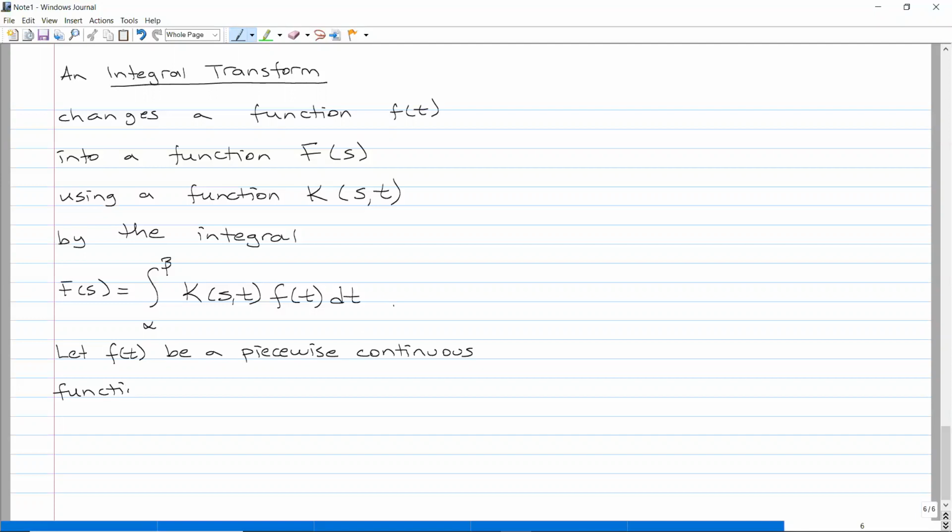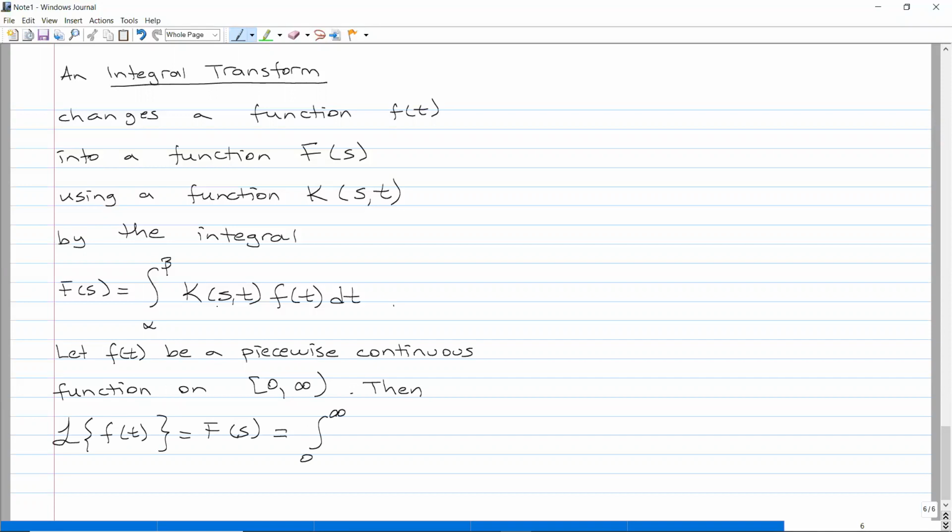And as the interval, we take the interval from 0 to infinity, so positive or non-negative real numbers. Then the Laplace transform, so we use this funny L of the function f of t, which we are going to denote by capital F of s, is the integral from 0 to infinity.